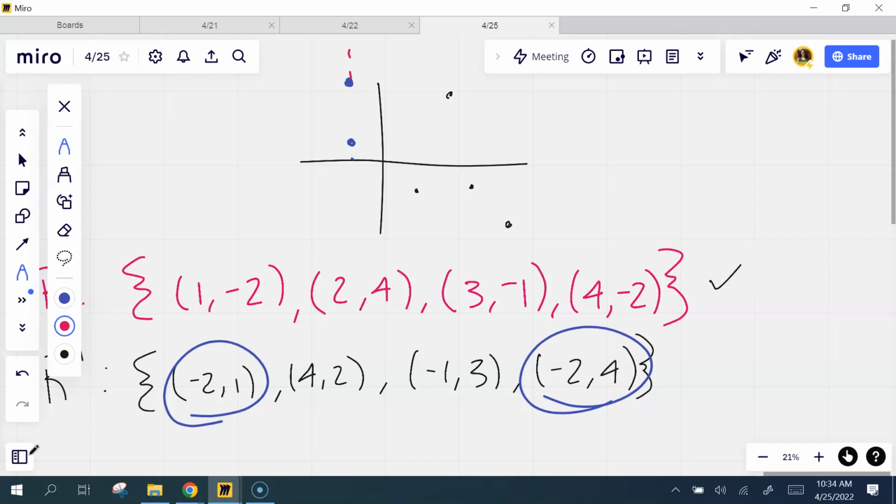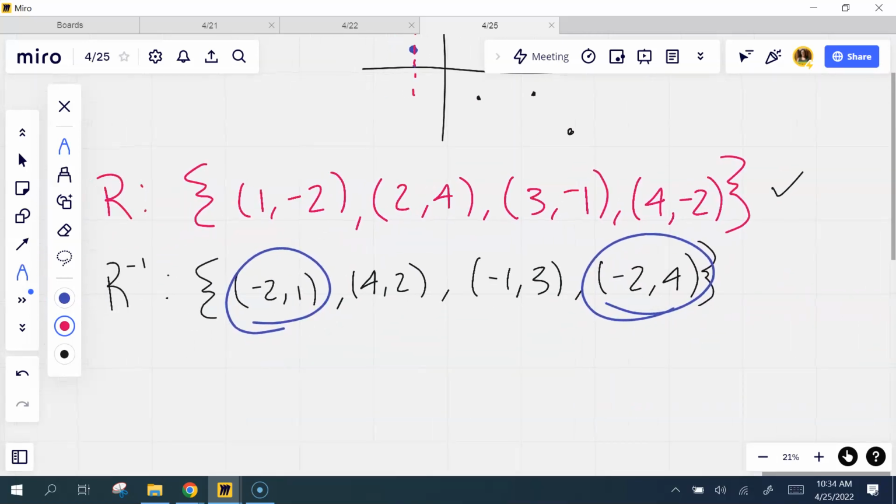They're directly on top of each other, right? It would fail the vertical line test, okay? So the relation itself is a function, but this one is not a function. So is it one-to-one? No, because I have to check both of those in order for it to be one-to-one. Does that make sense? Okay, let's look at the second one.